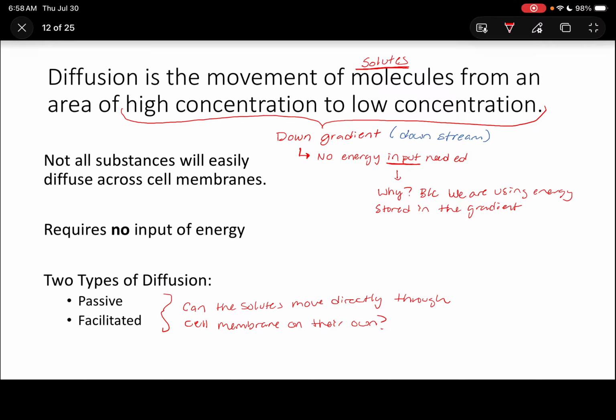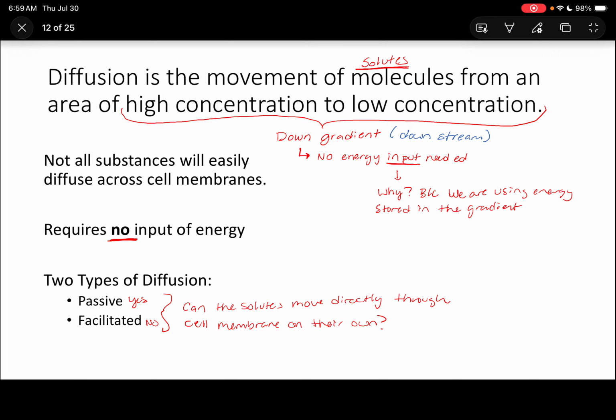If the answer is yes, then we're going to be talking about passive forms of movement. If the answer is no, then we're going to be moving on to facilitated diffusion. The two types really exist because some solutes can get through the membrane without assistance and other ones can't. But no matter which type we are talking about, none of the types of diffusion require an input of energy.